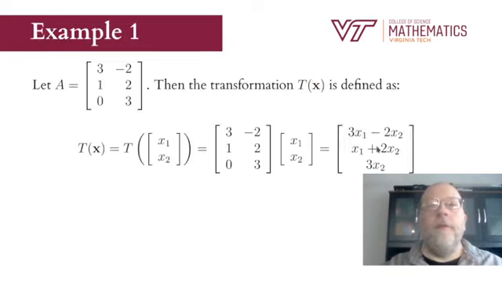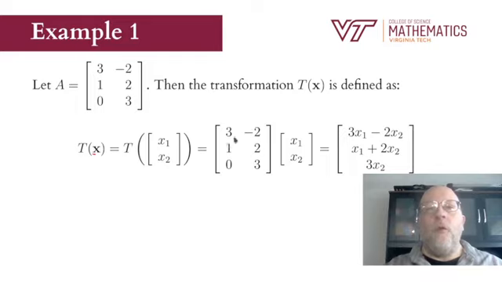So let's see an example. If this is the matrix A, then the linear transformation T of x, well, we can work out what's happening. x is some vector. The vector has to have one weight for each column in A. So since there are two columns, there are two weights in our input vector.